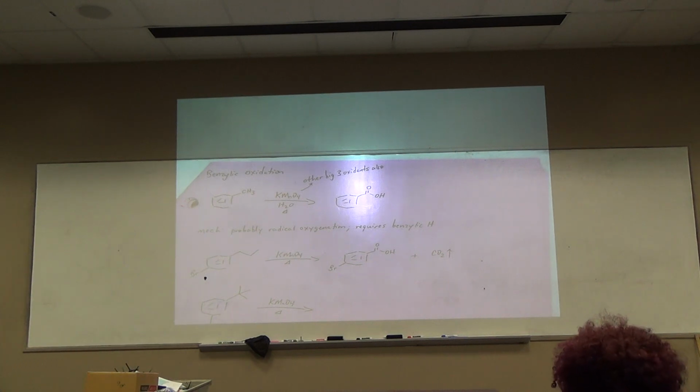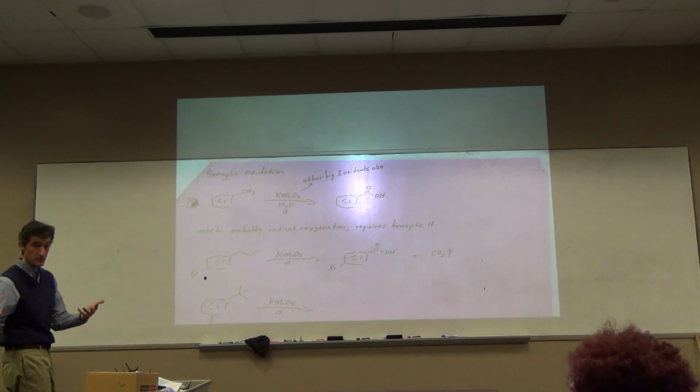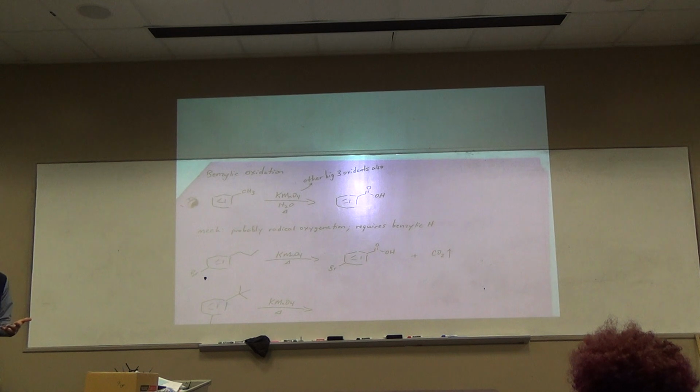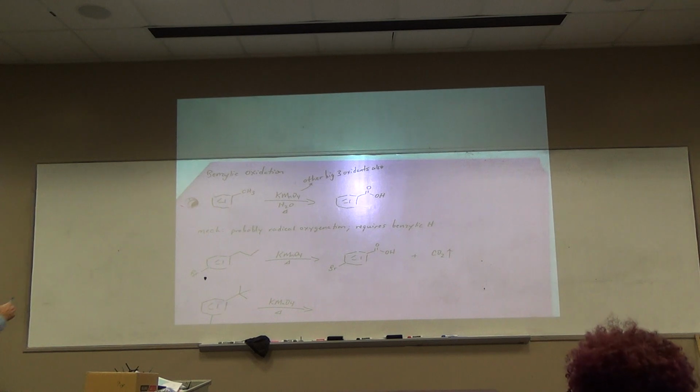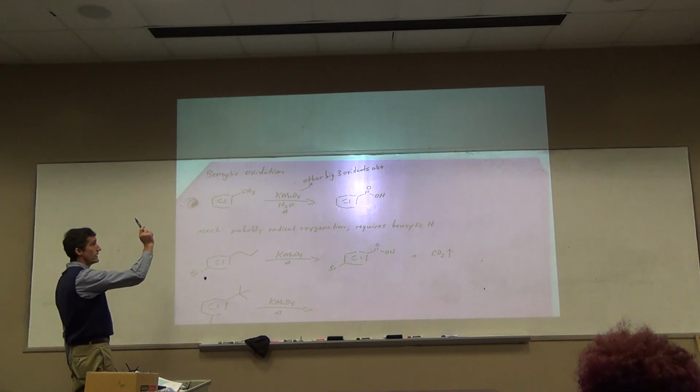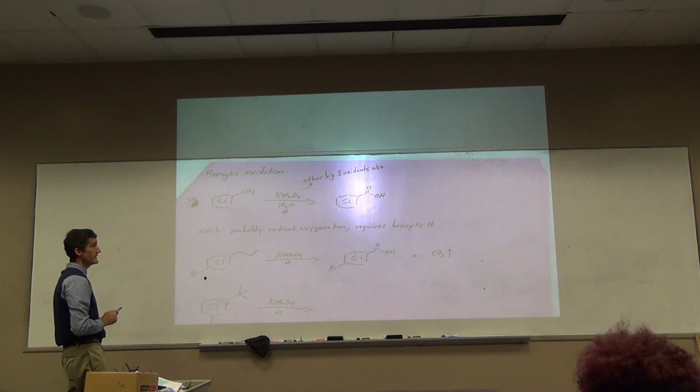Remember the big 3? KMnO4, chromium trioxide, or sodium or potassium dichromate, which both form chromic acid. Yes, but KMnO4 is the most common with benzylic oxidation. With KMnO4, you get the carboxylic acid.